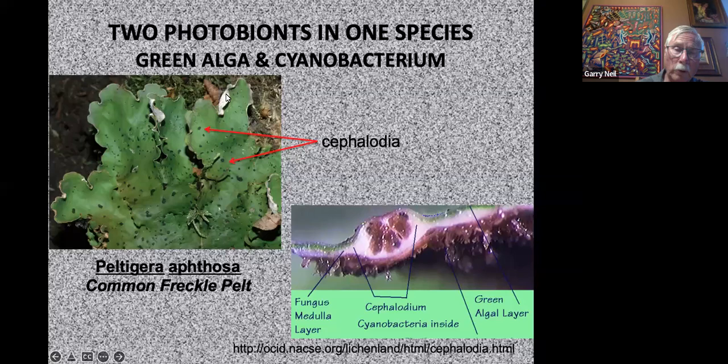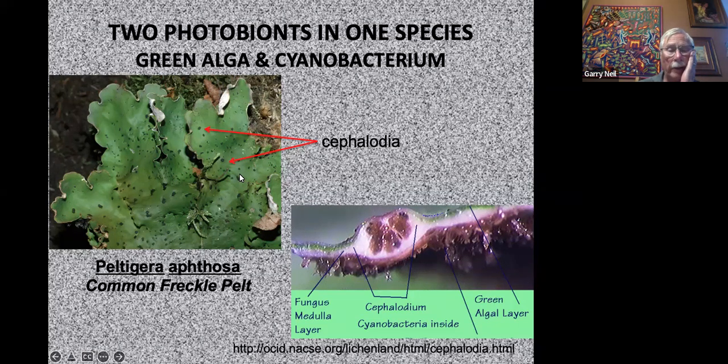The little white portion you see here is the undersurface or the lower cortex of the lichen. But on top, you see these little black structures. They have a special name, cephalodia. And in those black structures, which is shown here in cross-section, that is where you will find the cyanobacteria.